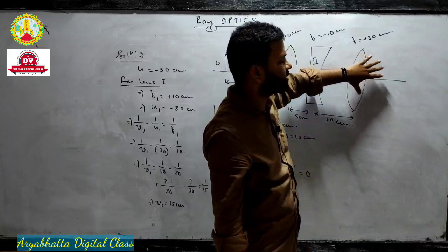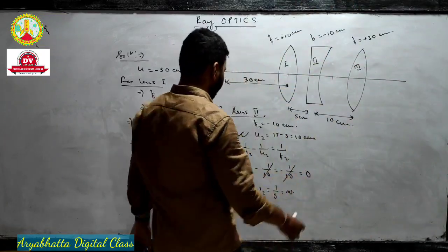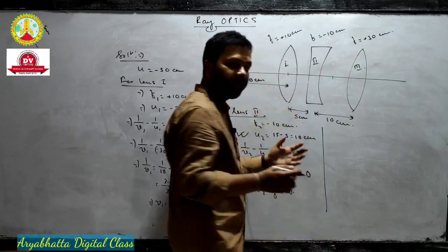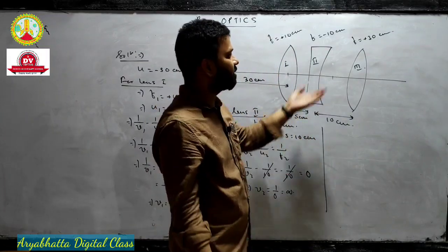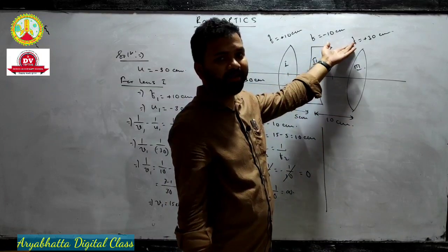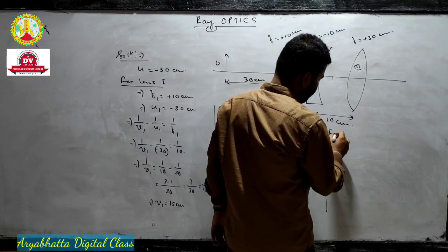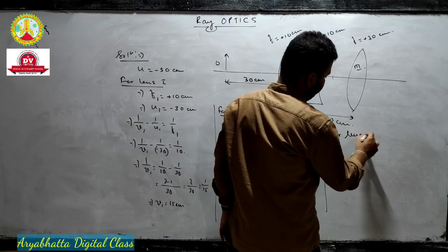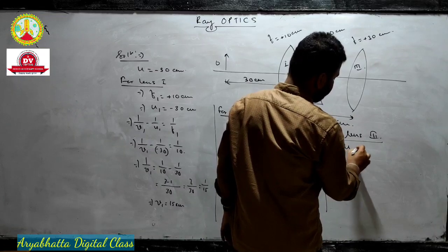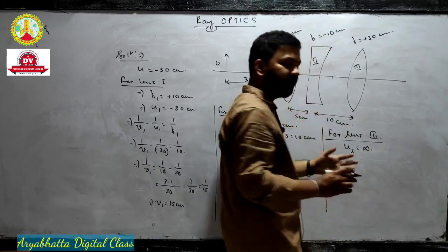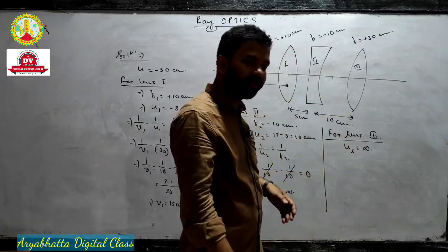So for the third lens, what will be the object distance? It will be infinity. You already know that if the object is at infinity, the image will form at focus. So the final answer will be plus 30. But let us derive it. For lens 3, object distance u3 is equal to infinity. Plus infinity, minus infinity, all are same.